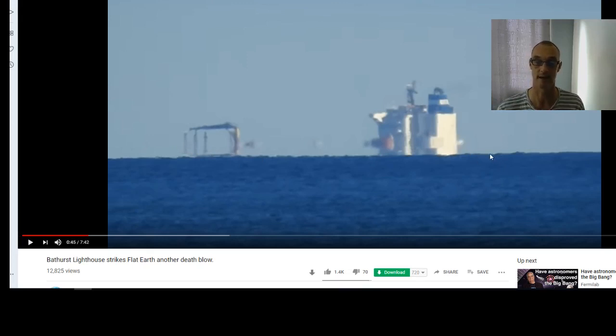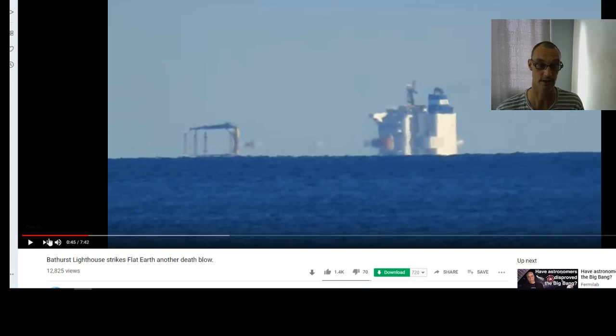We have this apparent horizon line here, and then we have mirroring of the ship that is actually just blocking the rest of the view of the ship. This is so obvious, and down here we have mirroring of the sky. So we just have to look, and this is a natural optical phenomenon which we'll have a look at in a second, but this has been passed off as being caused by curvature.